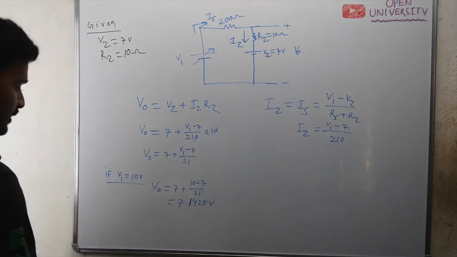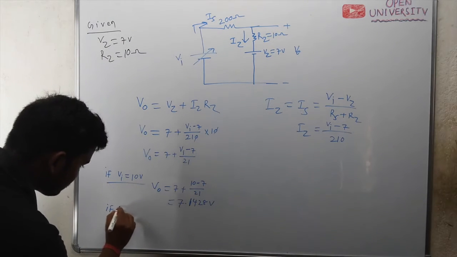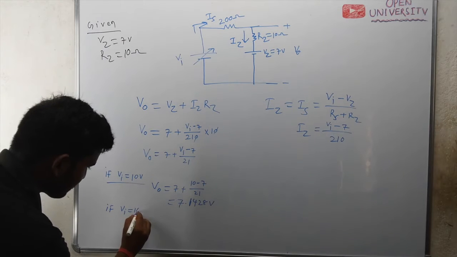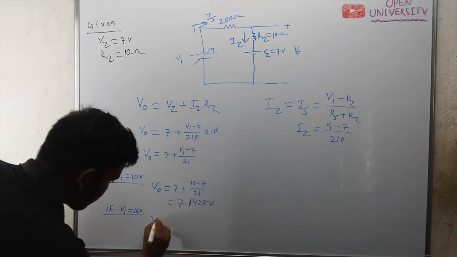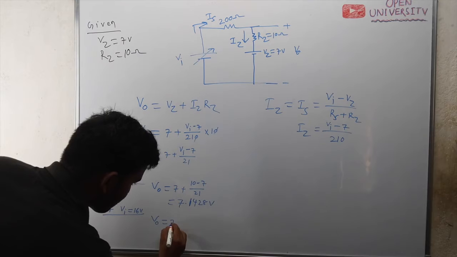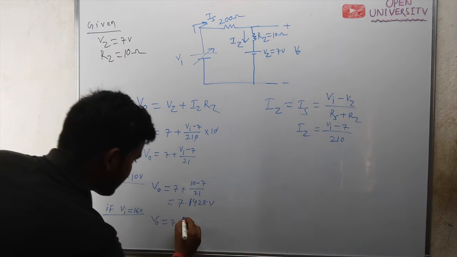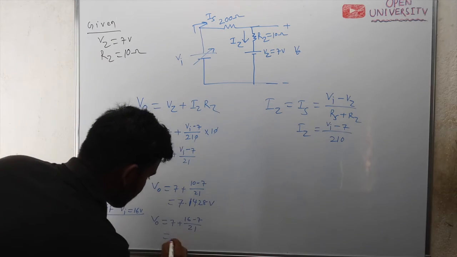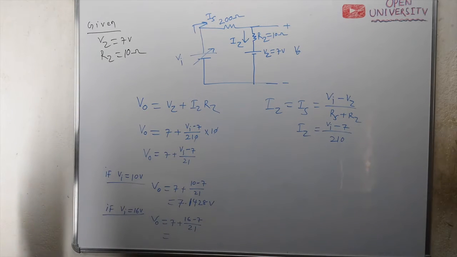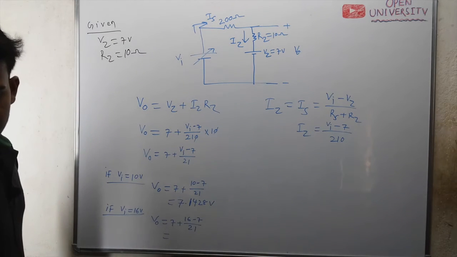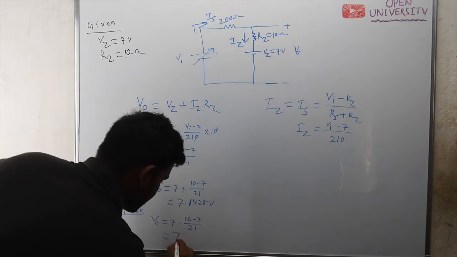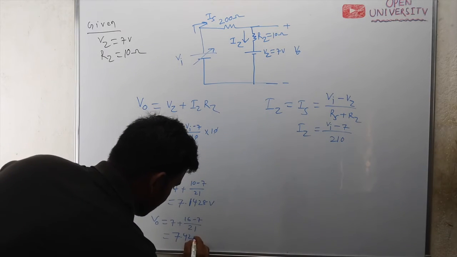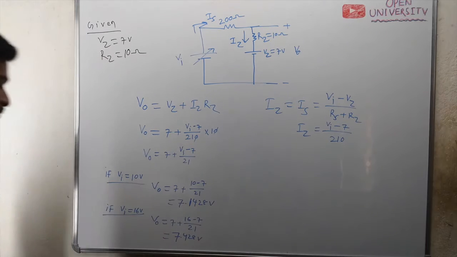If input voltage Vi equals 16 volt, then the output voltage is 7 plus (16 minus 7) by 21, and the answer will be 7.428 volt.